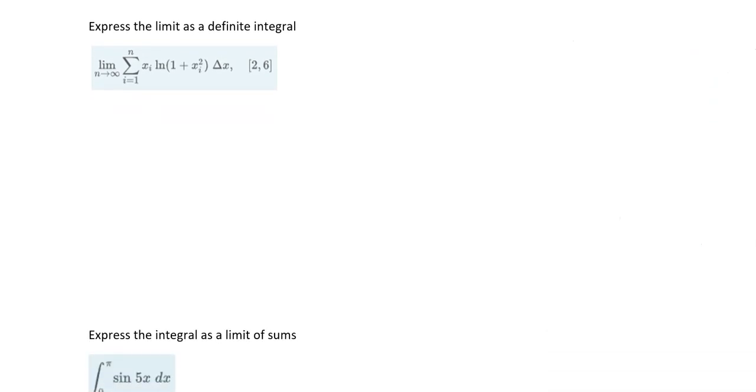Okay, so let's practice going back and forth between this sum and the notation for the integral. All you've got to keep in mind is this little piece in between the sum and the delta x. That is the function. So we're going to have here x times natural log of 1 plus x squared.